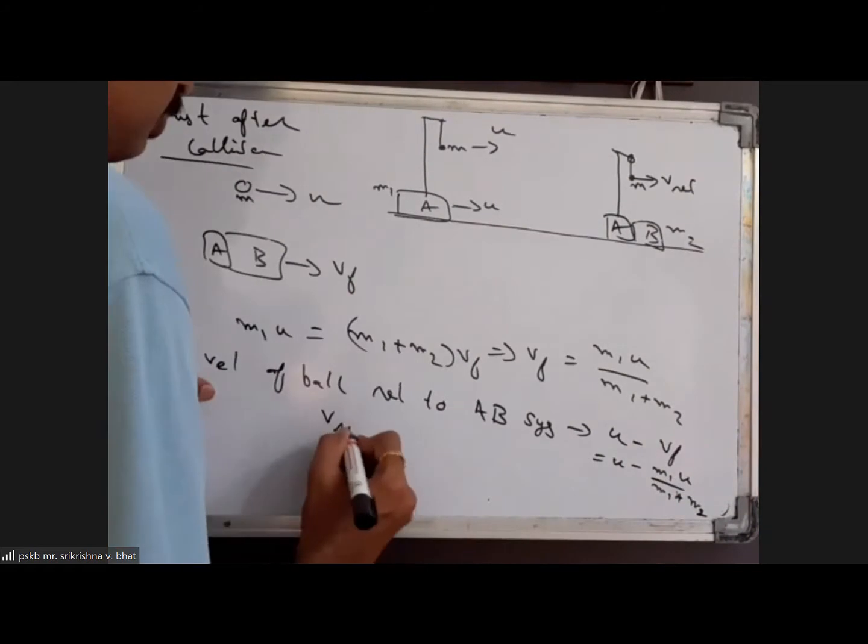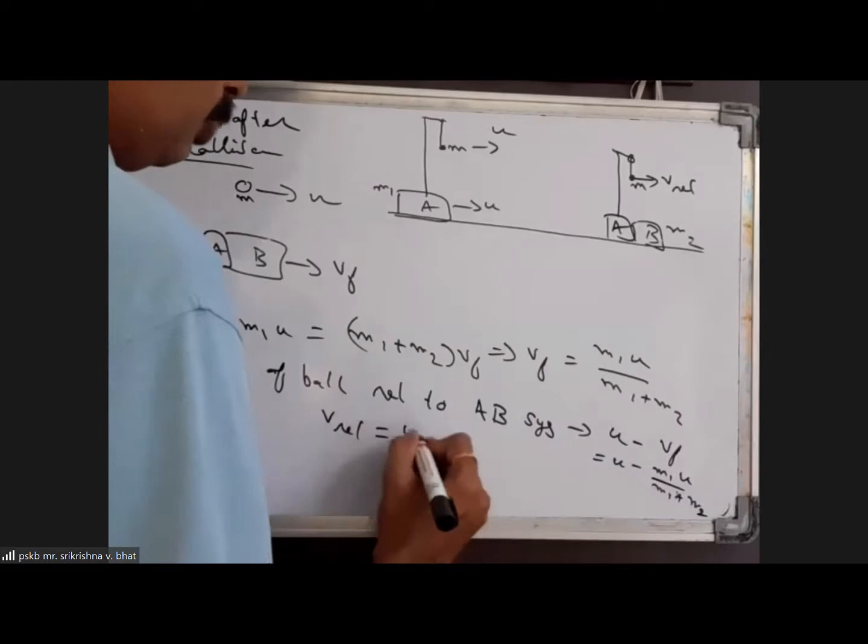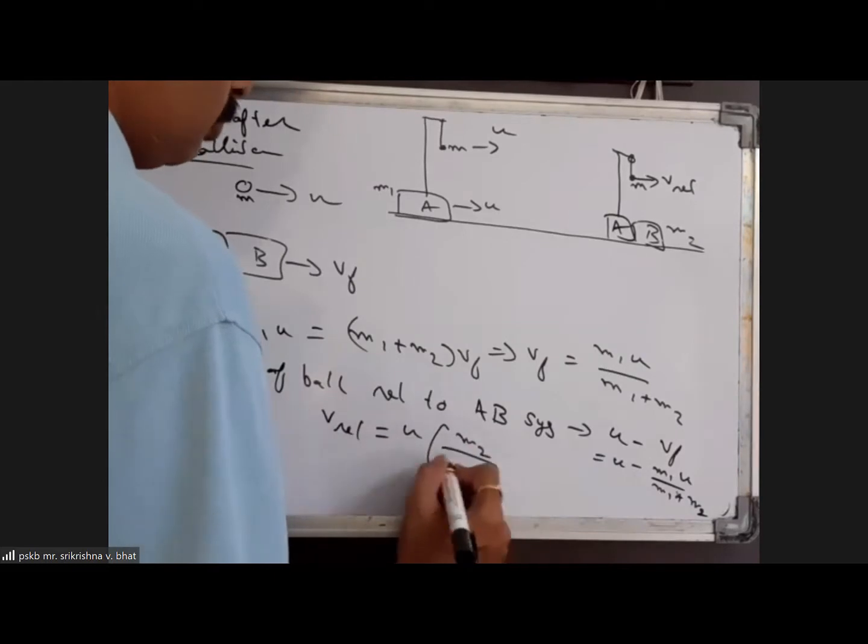So this v relative will be the same as u into m2 by (m1 plus m2).